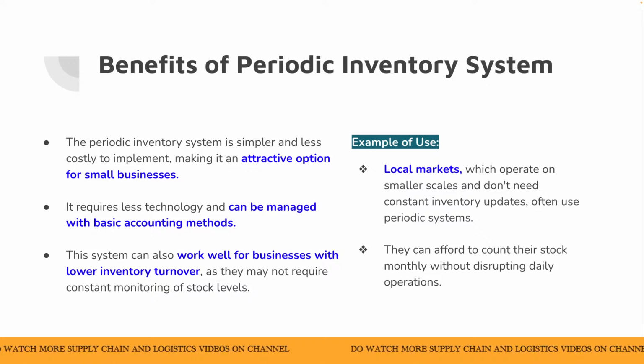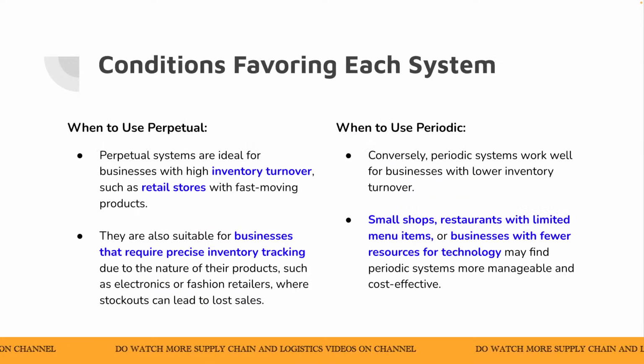But when you see that you are going to serve only 1, 2, 3, or fewer than 10, 20, 30 customers, then you have enough time to check your inventory, so there is no need of investing in perpetual inventory systems.